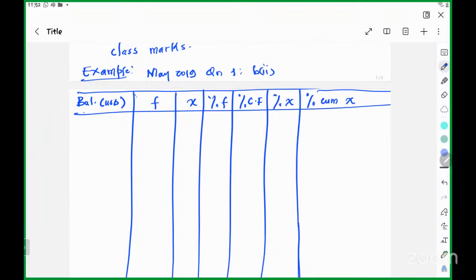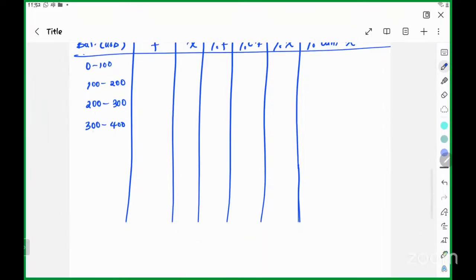Okay, so these balances are 0 to 100, 100 to 200, 200 to 300, 300 to 400, 400 to 500, 500 to 600, 600 to 700, and then 700 to 800.